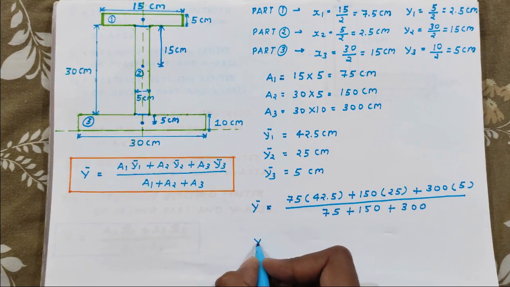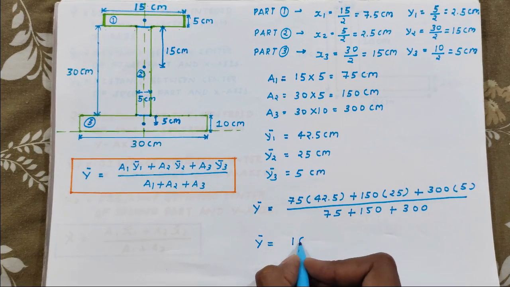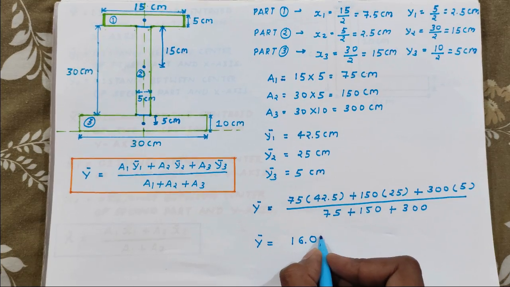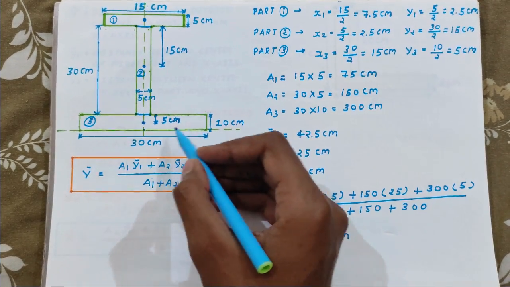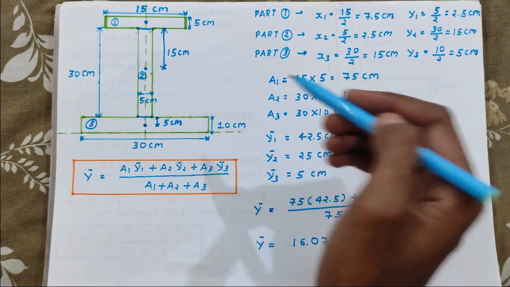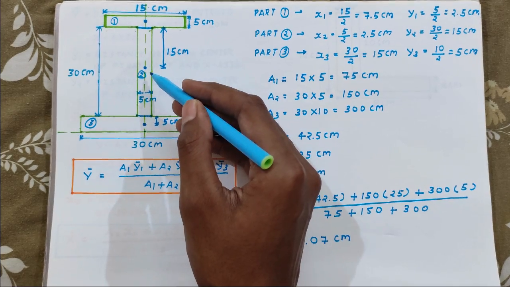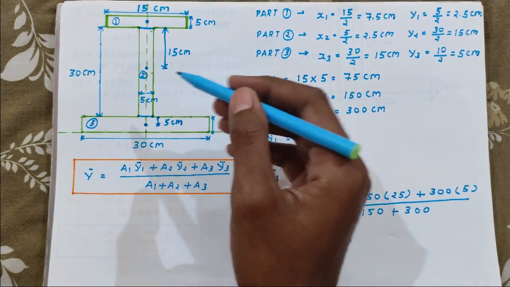If you calculate, you will find y bar is equal to 16.07 centimeter. So from this x-axis, 16.07 centimeter will be the centroid of this whole I section.